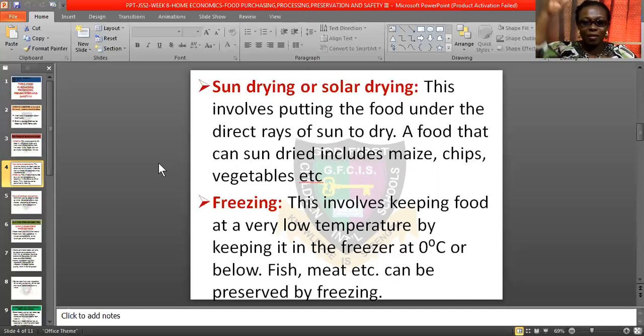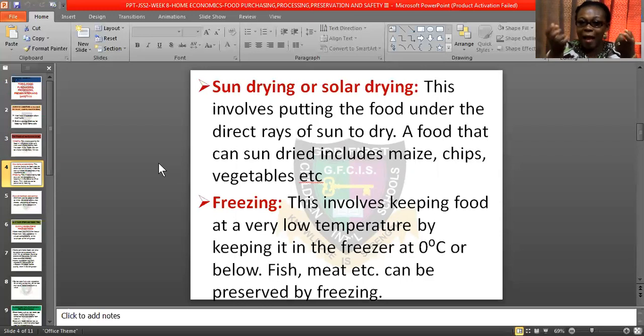You know, if the sun is hitting that food, the water in the food will be drying up. Do you know that? This involves putting the food under the direct ray of the sun to dry. Foods that can be sun dried include maize, chips, vegetables.